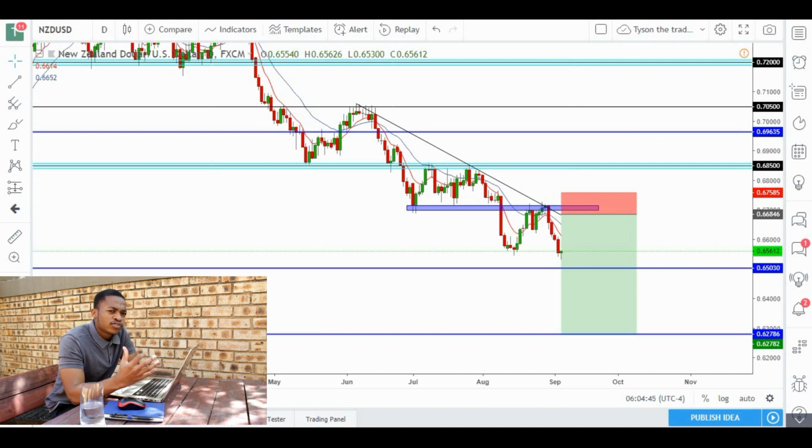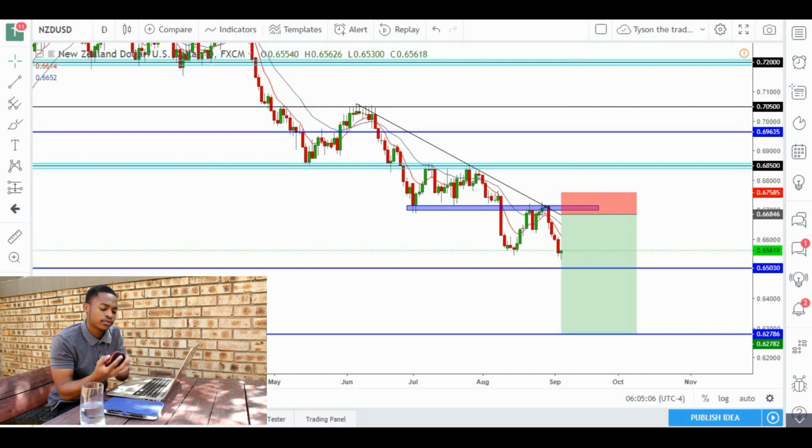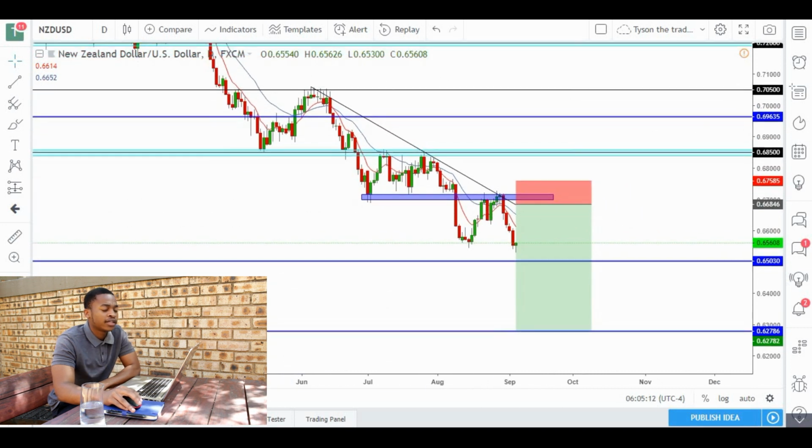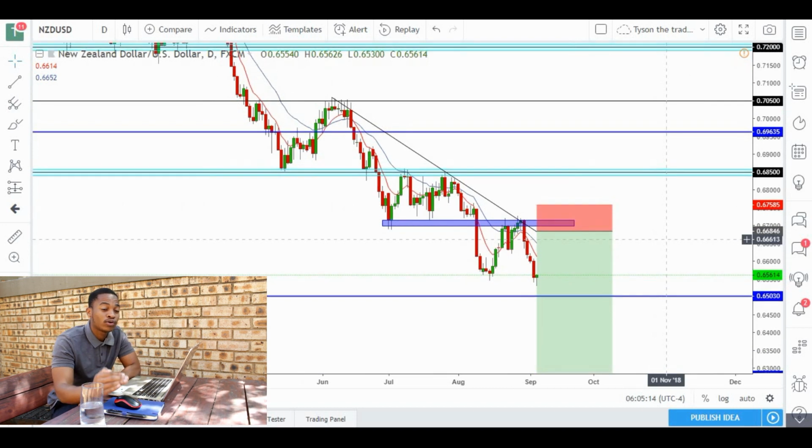So in each and every strategy you have things that you're looking for. For us here at Lion Troop Global Associates or Lion Troop FX, we look at 3 things, which is the TLS method. We look at the trend, level and signal. Looking at this chart, NZD USD, we can tell, looking from left to right, that it has been producing lower highs and lower lows, and these are the characteristics of a downtrend.